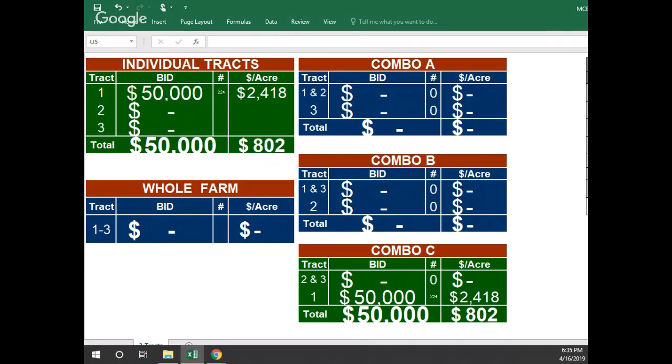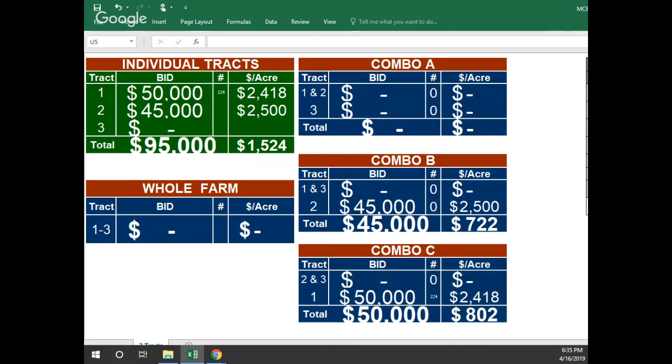Goes to bid, $45,000. What's your number, young man? 324, 324. Bidder on the first one, 224.